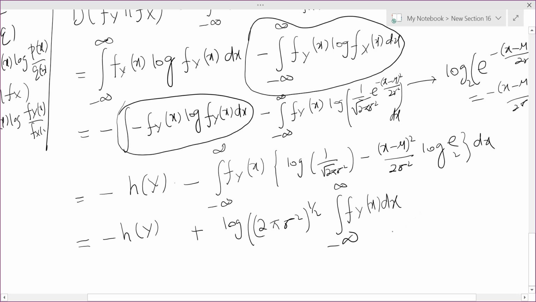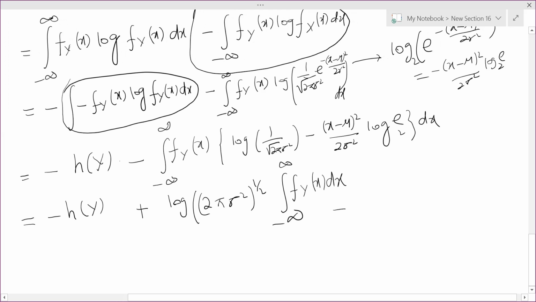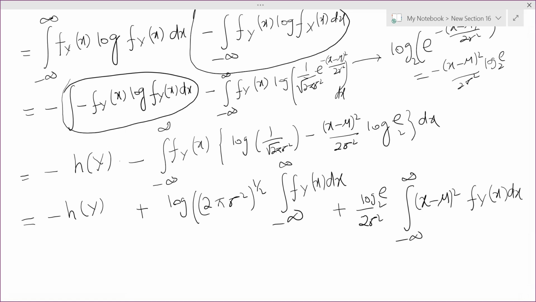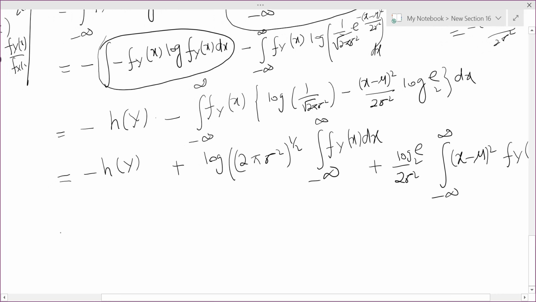Okay, minus will become plus 1 over 2 sigma square log e to the base 2 here integral (x minus mu) square fy of x dx. See, we are talking of two distributions, but the variance of both distributions will be the same. That is very important.